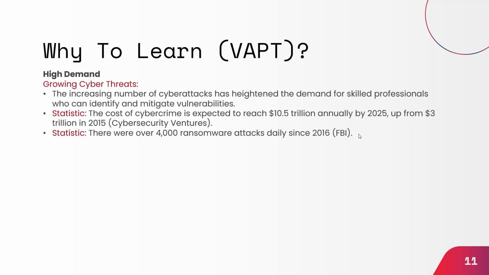Because even if you use automated tools to perform scans on a web application, do you think the tool is mature enough to identify business logic issues, or issues related to access controls or session management? No. So manual testing is where there is demand in this particular domain.